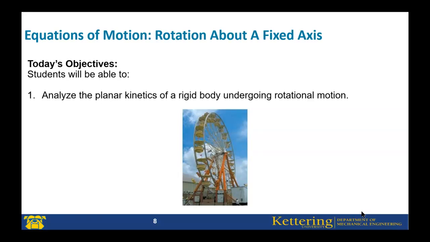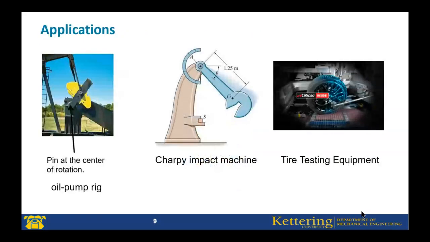There are some applications where the rigid body is only a rotational body. As you can see, this oil pump rig, this Charpy impact machine, and this tire testing equipment. In all of these, there's a pin about which the body rotates. In the Charpy impact, we bring this up, hold it, release it, then it impacts the specimen, and we measure the energy absorbed during the impact.